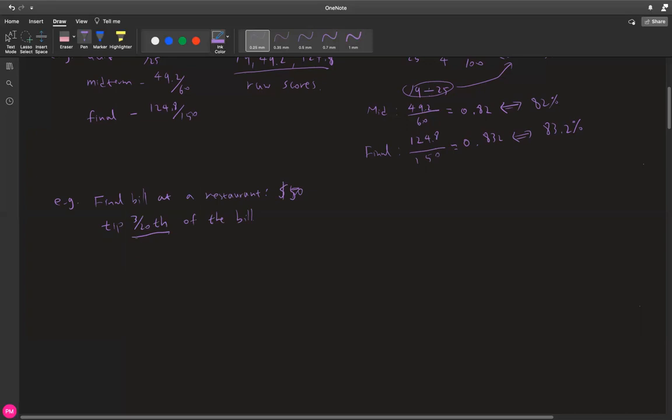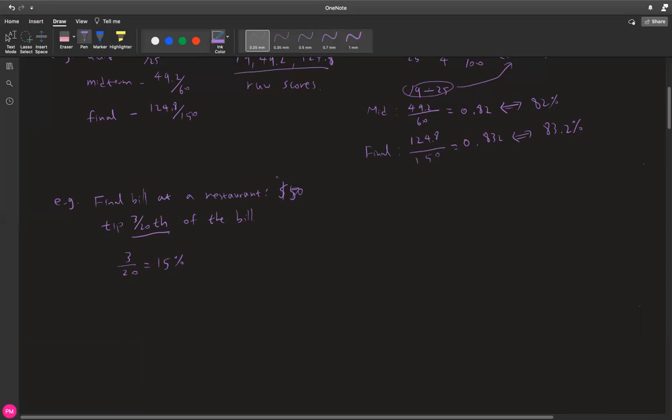So if you simply calculate, 3/20 is actually the same as 15% of the total bill. And this can be found by simply putting it in the calculator or trying to make the denominator 100. So that's a 15% tip of that $50.